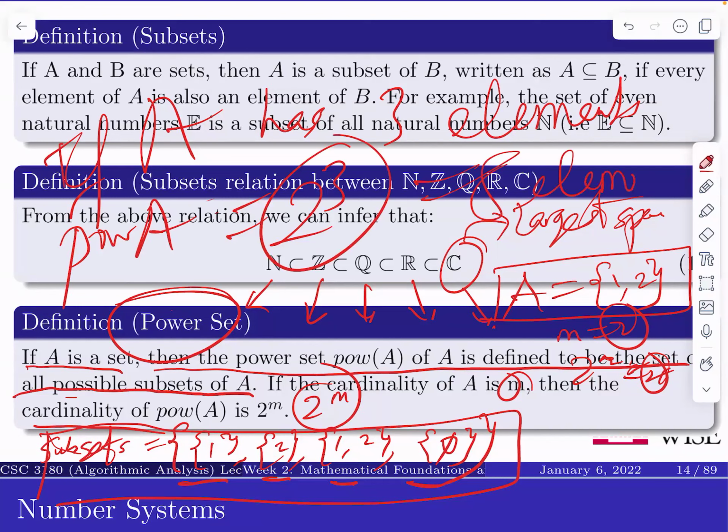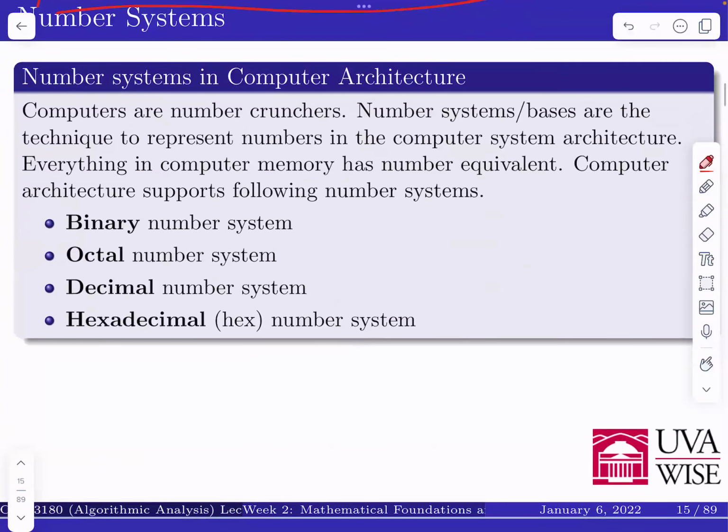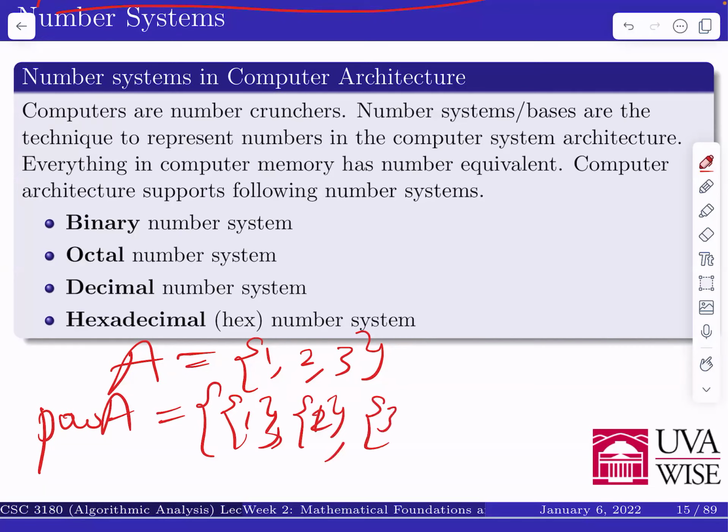8 elements. Okay? Let's have an example again. A is 1, 2, 3. That is the original set. Now the power set of A may be written as all these subsets: 1, 2, 3.